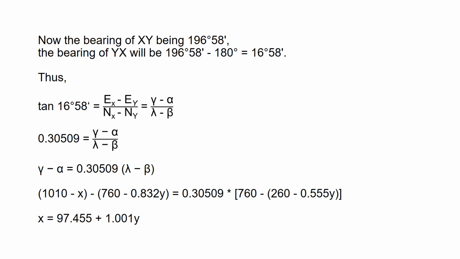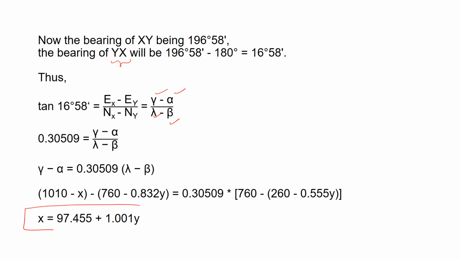Now the bearing of XY being 196 degree 58 minutes was given in the question, so we can find the bearing for YX, and then we can apply the formula: tan of bearing of YX is equal to the easting of X minus easting of Y divided by northing of X minus northing of Y. Since we have assumed these variables, we can just plug them in and find a relation between x and y.